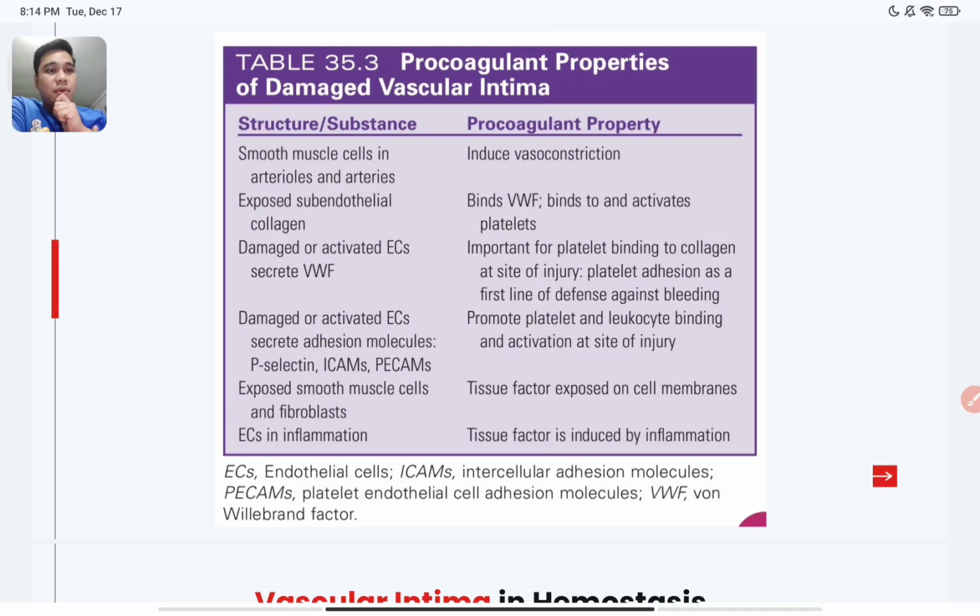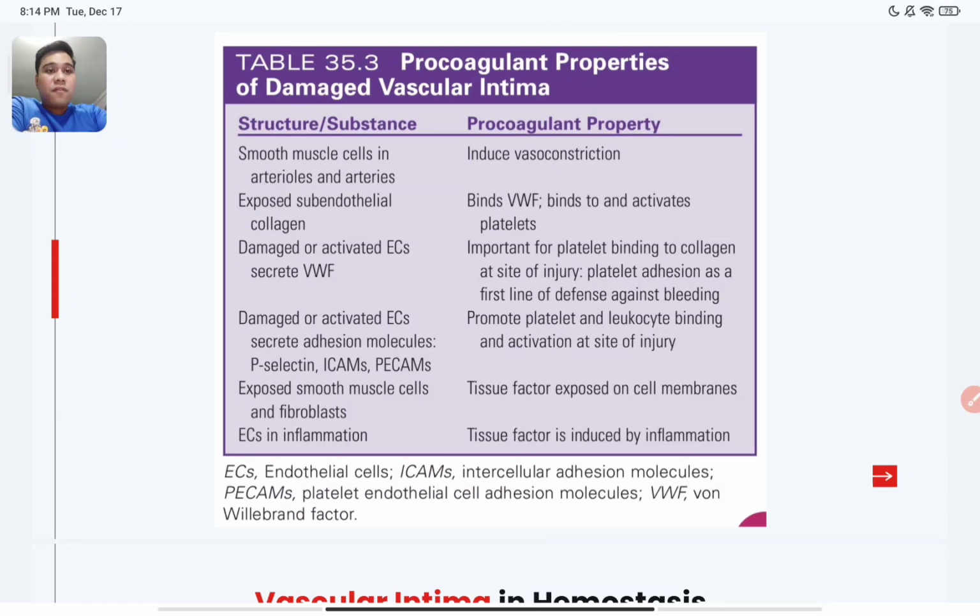We have now your smooth muscle cells in the arterioles and arteries. So they induce vasoconstriction. Remember that in the tunica media, a majority of it is composed of smooth muscle cells. So smooth muscle cells, it's a muscle, so it can control the area of your blood vessel via vasoconstriction or vasodilation.